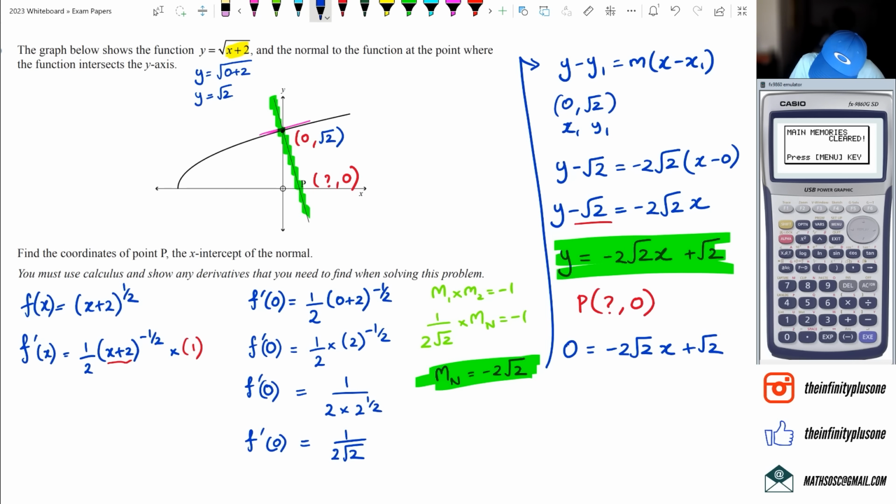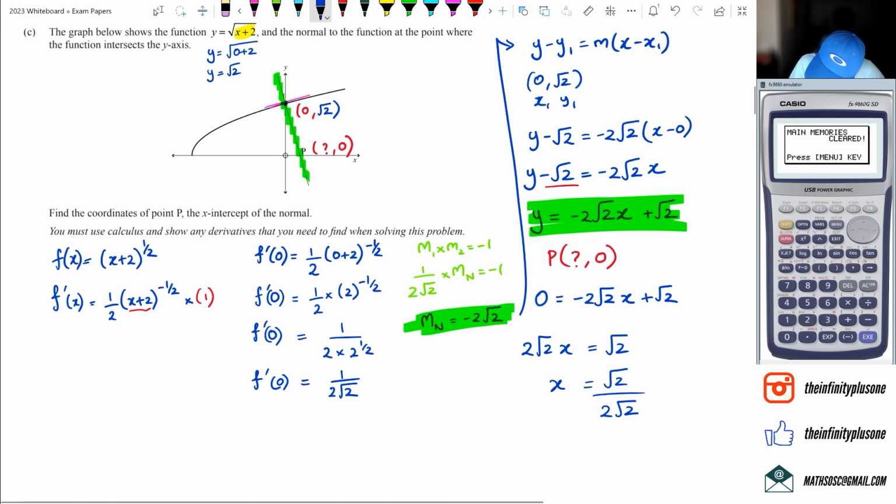And if I rearrange this, I'm going to get 2 root 2 x equals the square root of 2, and then x is equal to the square root of 2 divided by 2 root 2, which means I can say that x is equal to a half. Now they are asking for the coordinates of P, so we can say that P is equal to (half, 0).